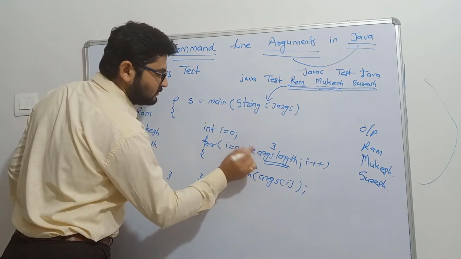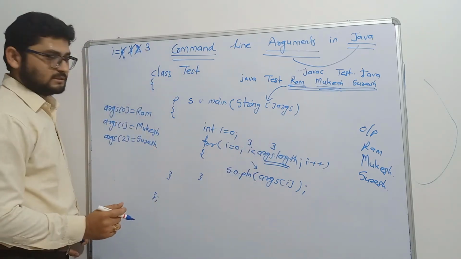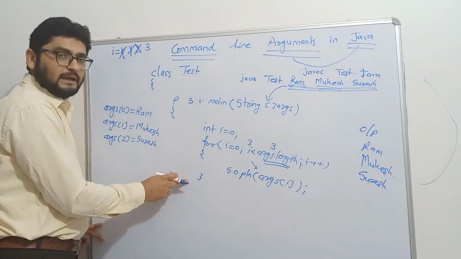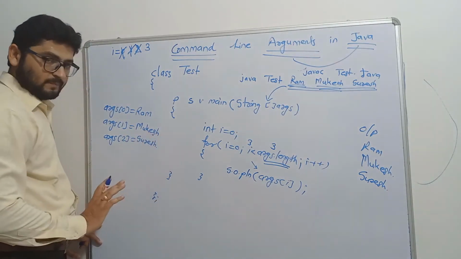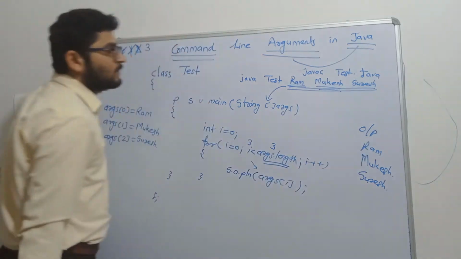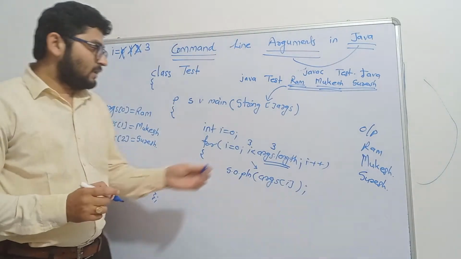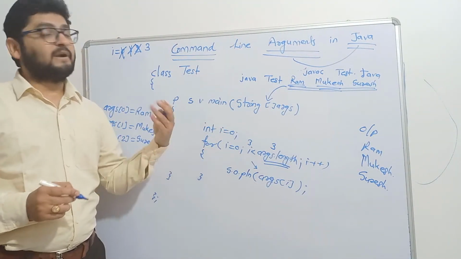Now 3 less than 3 is false, so the for loop will end here. After the for loop there are no instructions in the program, so the program will be over, and that is our output. In this program we have seen how to use command line arguments.